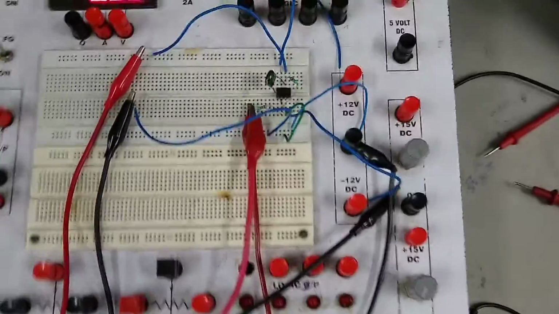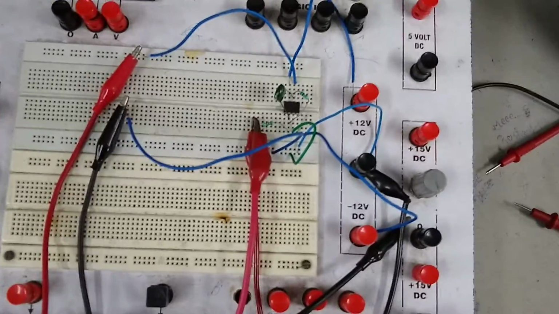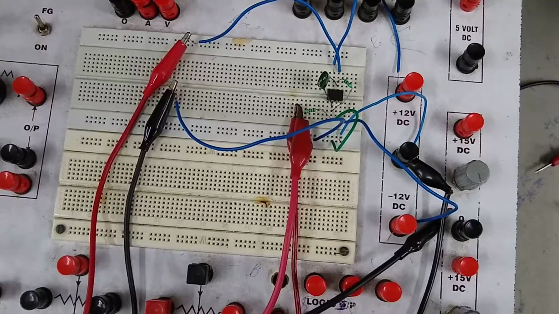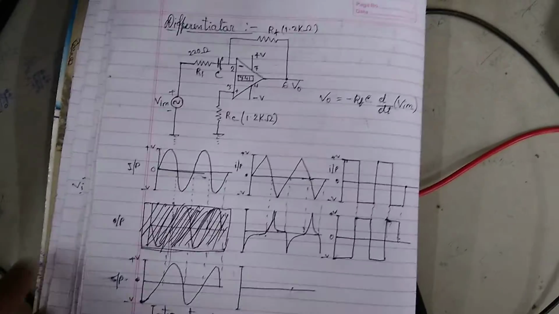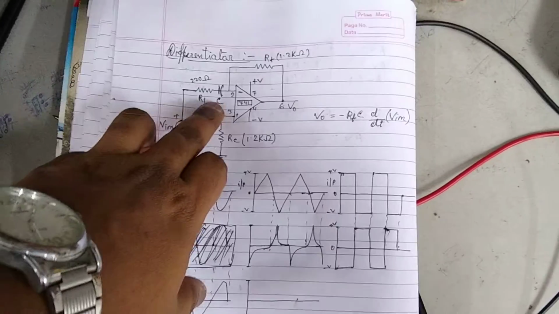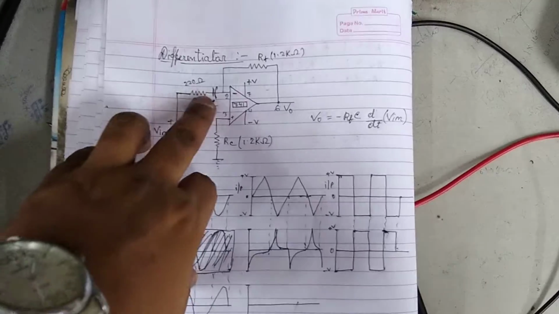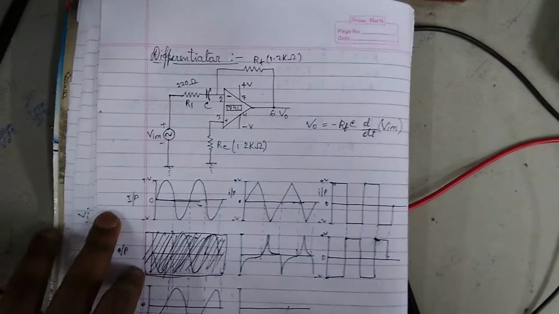Now let's move on to the differentiator circuit. Now let's design the circuit and see. Okay, this is the differentiator circuit having the capacitor in series with the input resistance. In the integrator it was parallel with the feedback resistance, and in the differentiator it is in series with the input resistance.